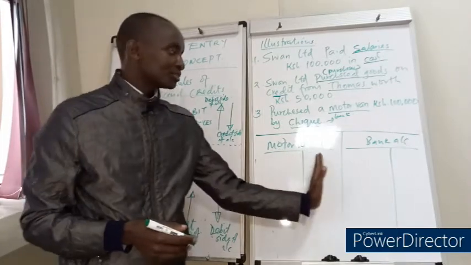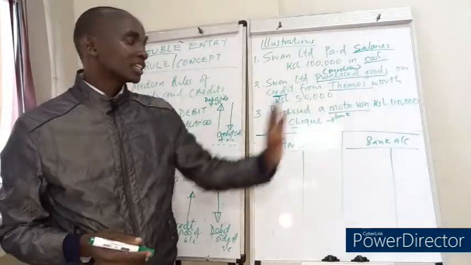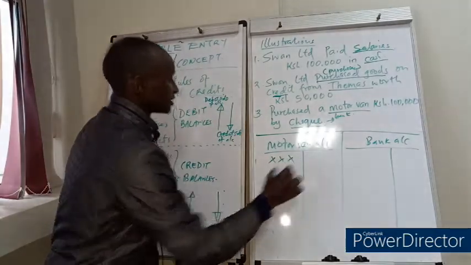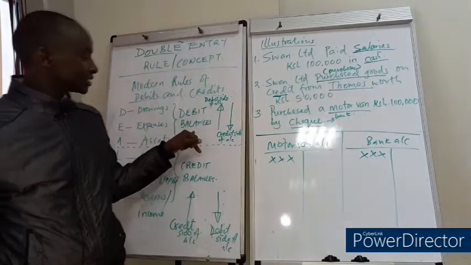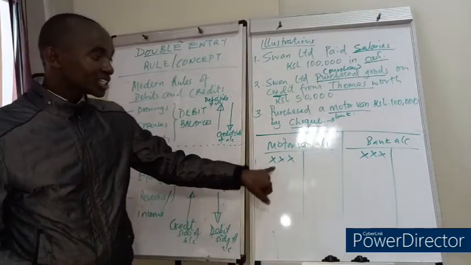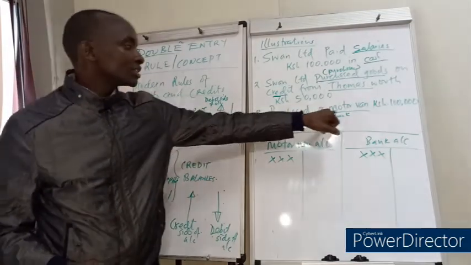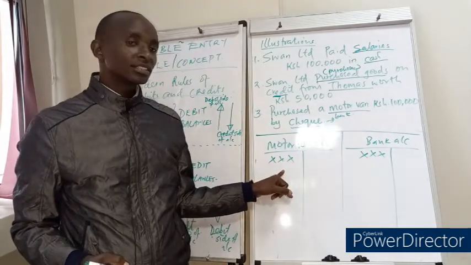So which account is being increased and which one is being decreased in this case? Purchased a motor van. So motor vans have got debit balances. Bank has got debit balances. Increasing this motor van, you increase on the debit side, isn't it? So we are purchasing a motor van, meaning that we are increasing the motor van account, isn't it?